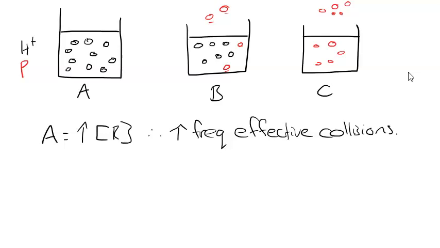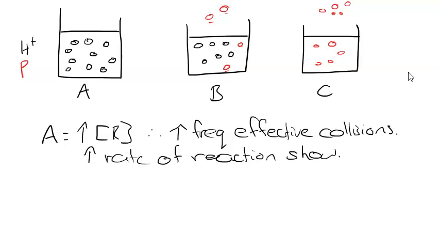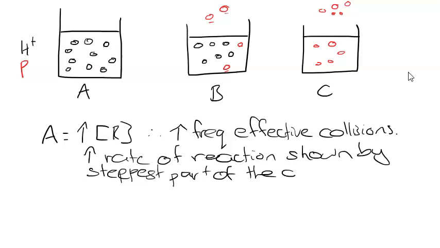This means that there is a high rate of reaction, and this is shown by the steepest part of the graph. So we're relating back to the evidence that we can see in the graph itself.